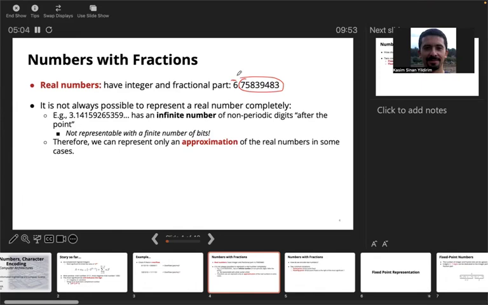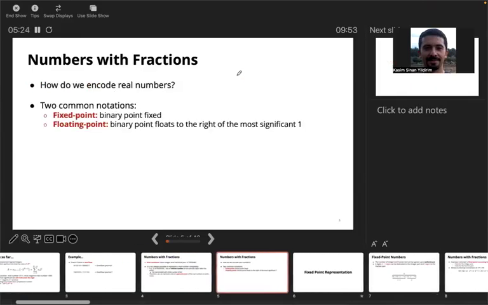You have an infinite number of digits for this number. How can we represent such numbers with our limited number of bits? It looks like we will have an approximate representation of these numbers. How? I will show you, but let's just move on.